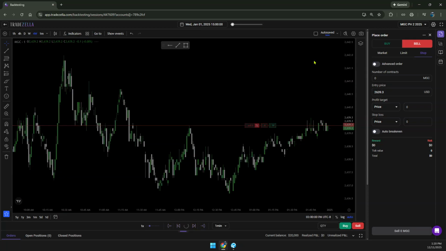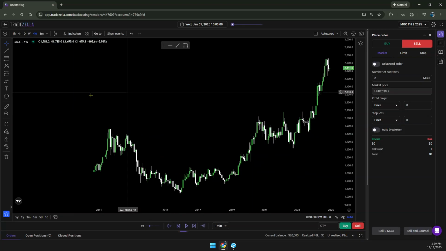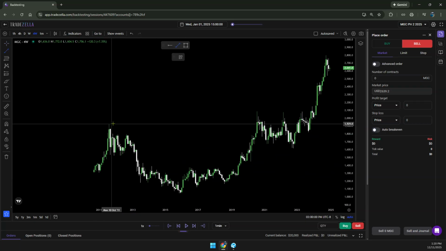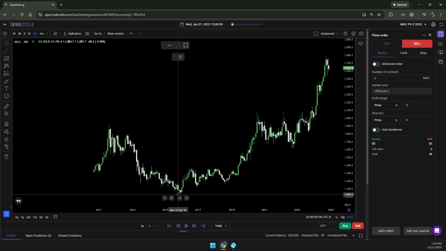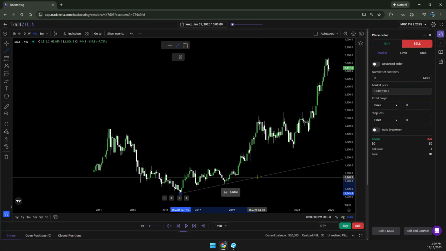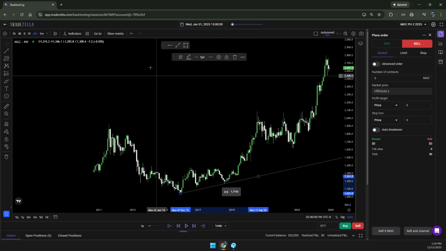And then we do our setup. Now we can get ready to go. I am going to basically run this as a trend line trader. I'm going to do my trend lines.